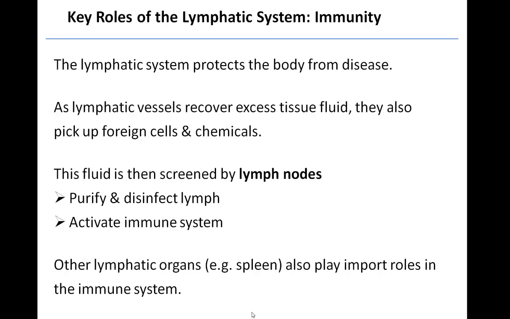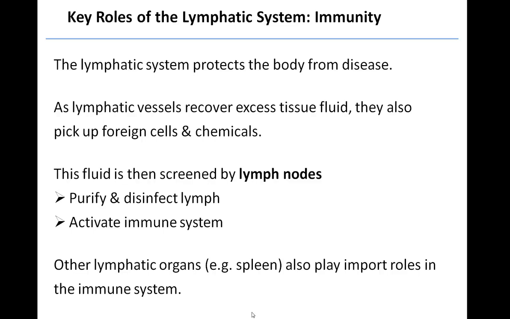The next thing I'll talk about in this lecture is the role of the lymphatic system in protecting you from disease, what we call immunity. As the lymphatic vessels recover the interstitial fluid, they also take the opportunity to send them to lymph nodes and other lymphoid organs, where the lymph can be inspected for the presence of infectious microorganisms.